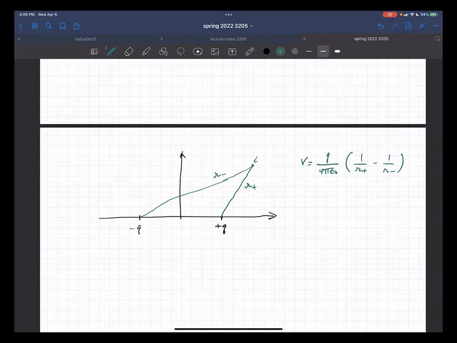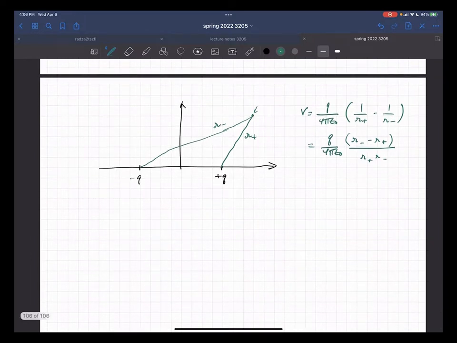Okay, so that's the potential at that point, which is equal to Q over 4 pi epsilon naught times (R minus minus R plus) over (R plus R minus). Okay, so that's what the potential looks like at every point.